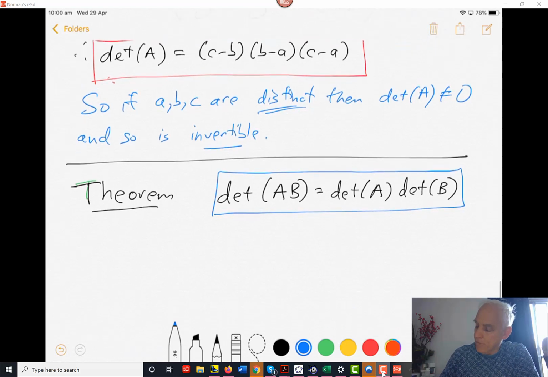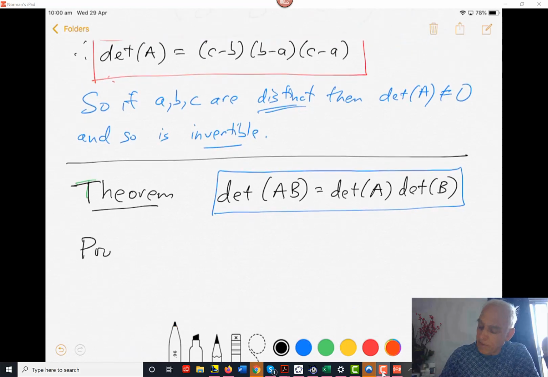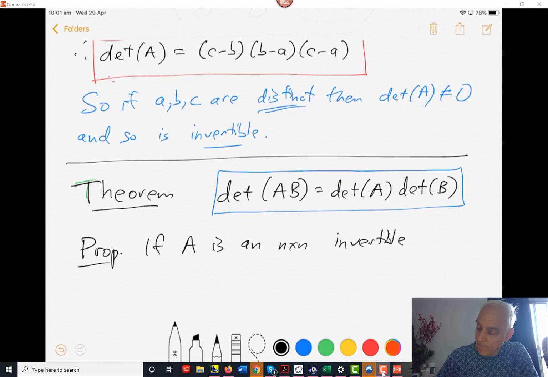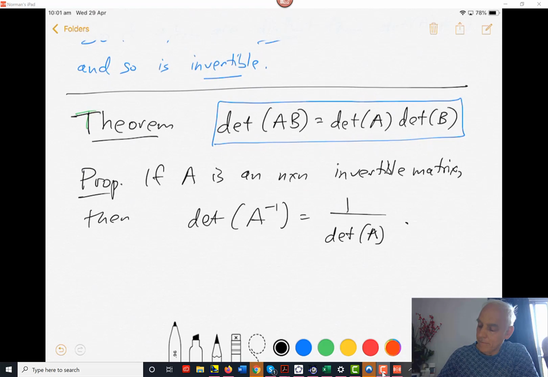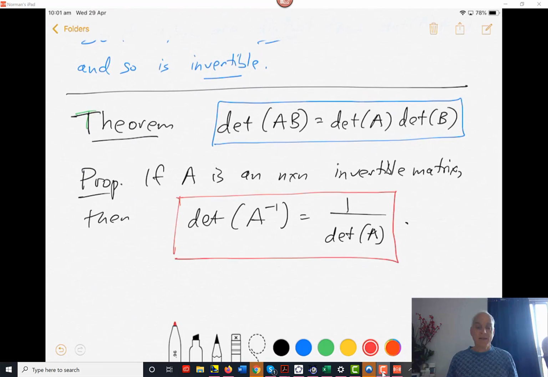Okay, so another consequence is the following proposition: if A is an n by n invertible matrix, then the determinant of A inverse equals 1 over the determinant of A. That's a very nice thing. The inverse matrix has the inverse determinant.